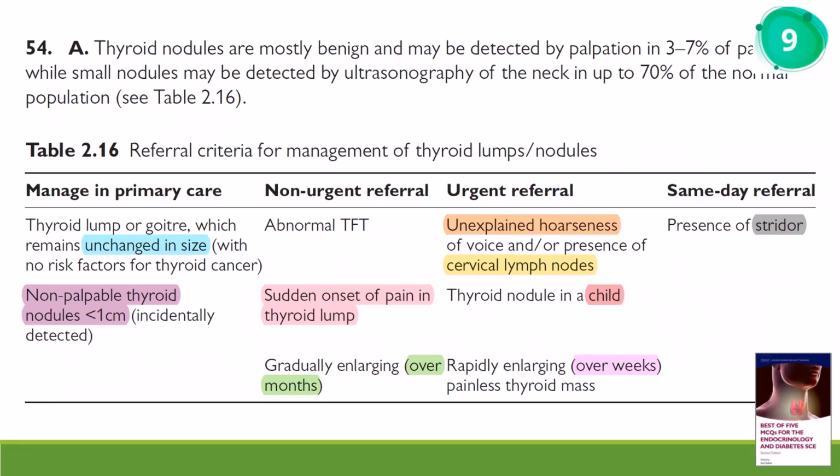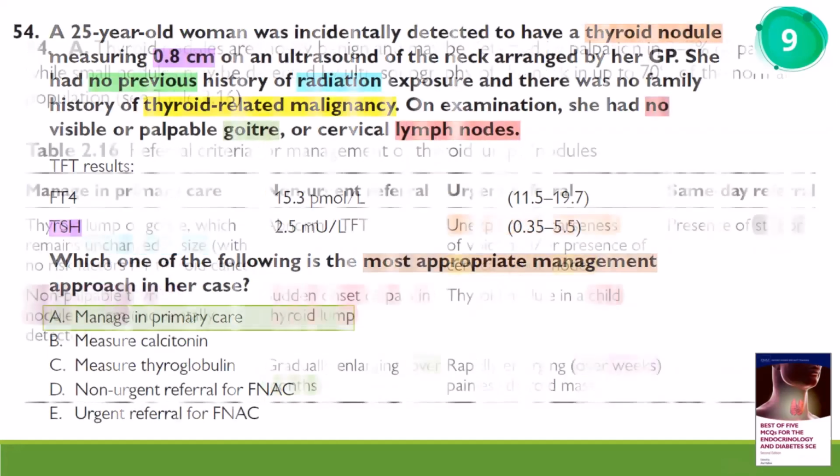Urgent referral for unexplained hoarseness or cervical lymph node, thyroid nodule in children, or rapidly enlarging thyroid nodule. Same day referral if there is stridor. So this table is very important. Yes, Dr. Muhammad, it is managed in primary care.